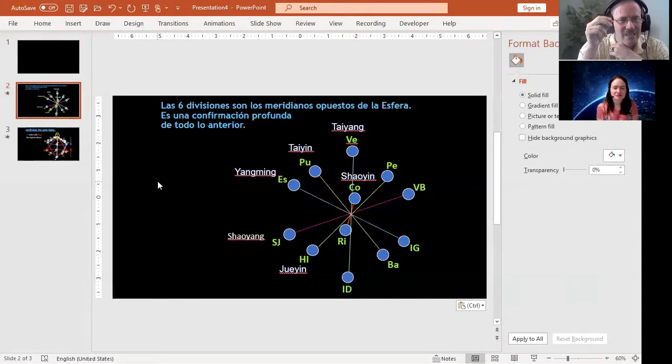"Yeah, I can see the 6 divisions here." And then that really took this to another level. When you're able to integrate the meridians of the 6 divisions with the meridians of the 6 elements, and make it harmoniously blend into one pattern, you got it.